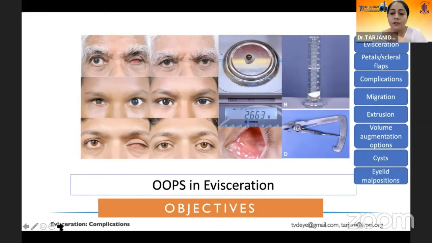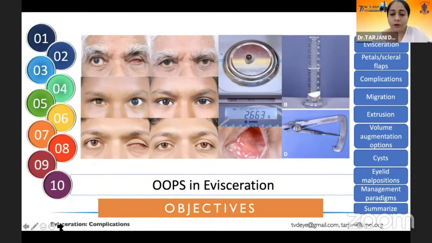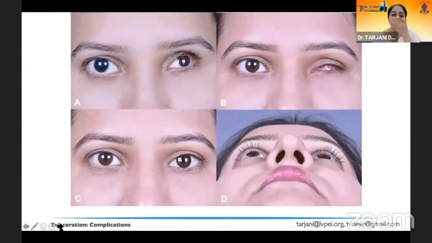Certain other complications that we see, such as cysts around the implant and eyelid malpositions, which are common, and just give you a brief on the management paradigm in these patients as a summarizing slide. And I'm going to do this with 10 case examples. So not everything is video based here, but you will be seeing a lot of video.